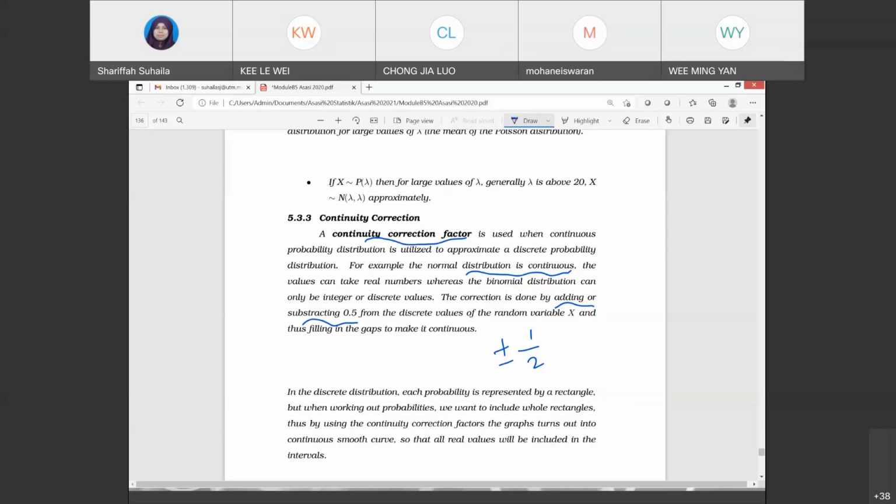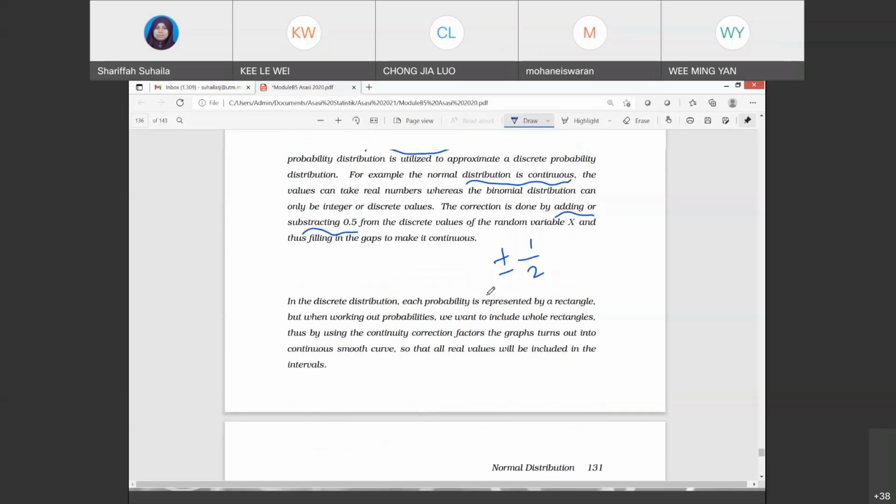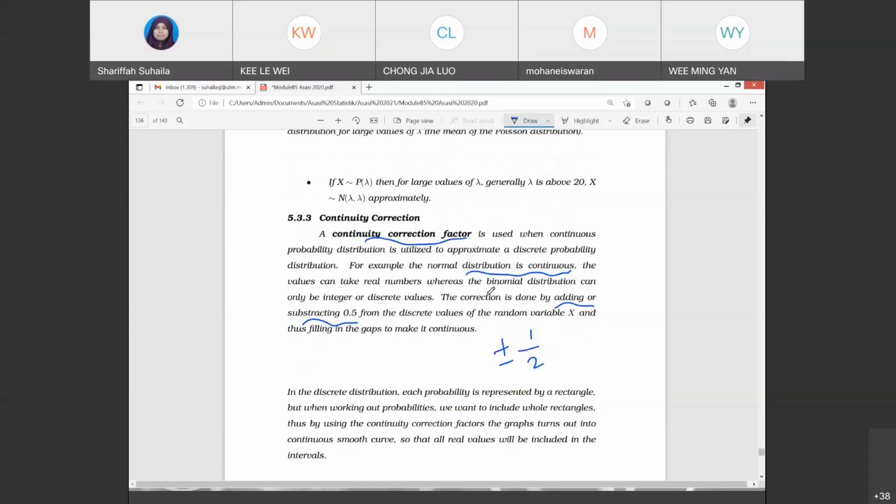So how do you know whether you have to plus or minus half?